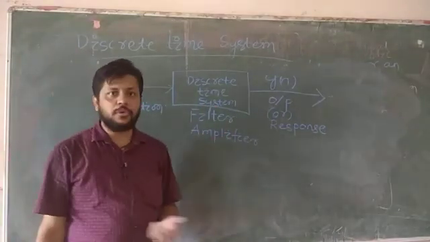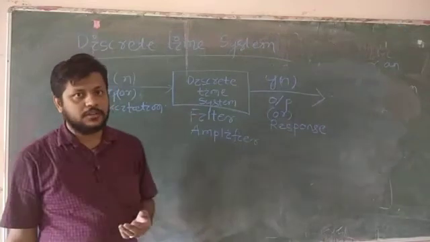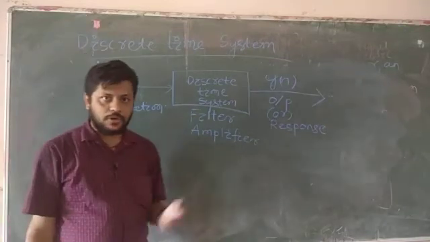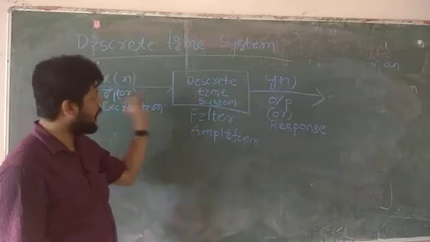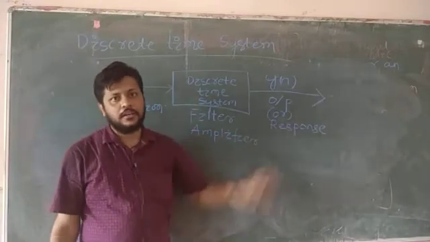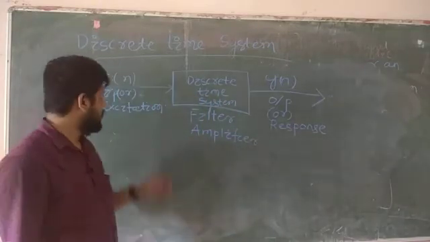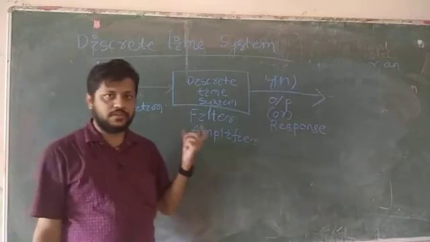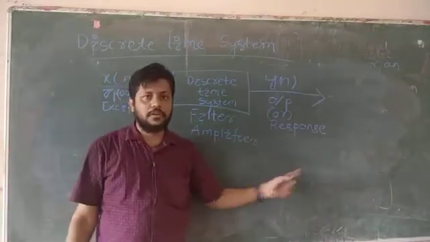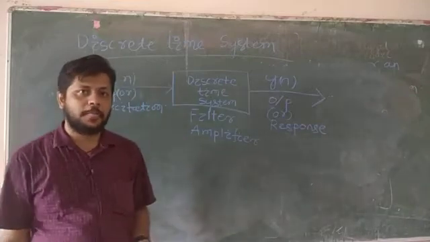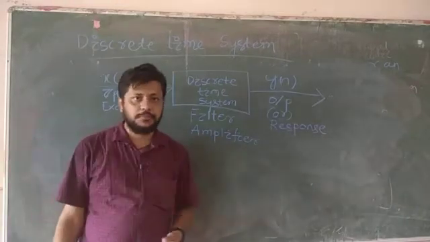These are a few examples of a system. This is a discrete time system because we are applying a discrete time signal and we are getting a discrete time output. Always remember, input can also be known as excitation and output as response.